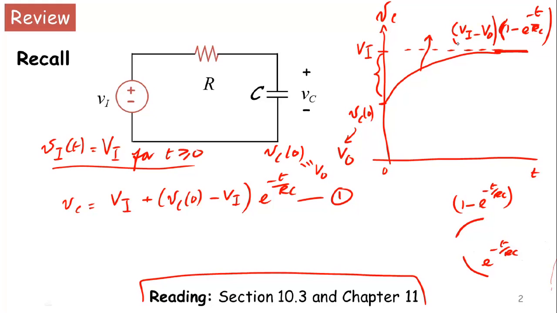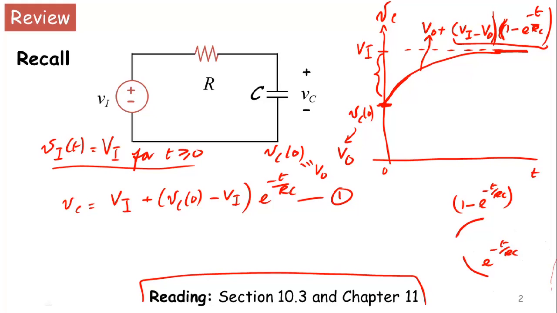This piece here reflects this curve starting from this offset, so let me go ahead and add the offset to it. So V0, which is Vc of 0, plus Vi minus V0 times 1 minus e raised to minus t over RC governs the rising waveform.